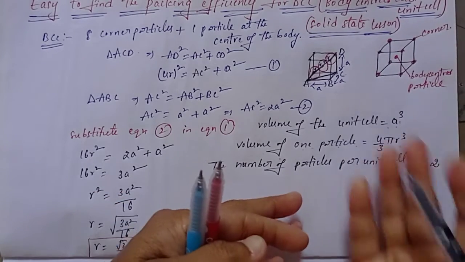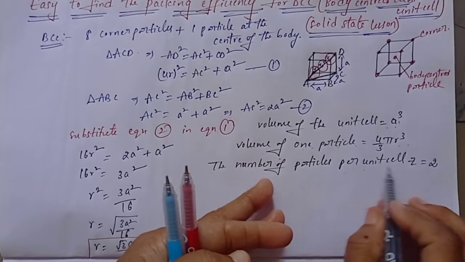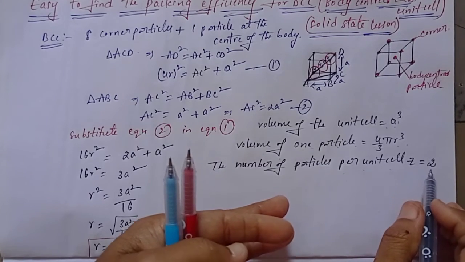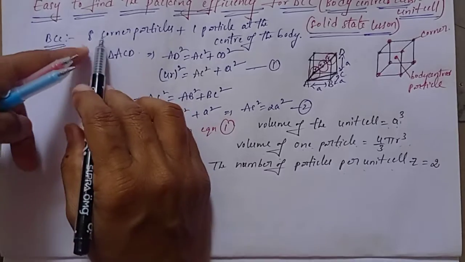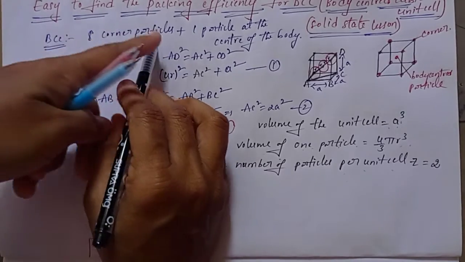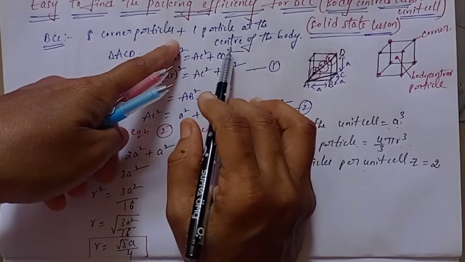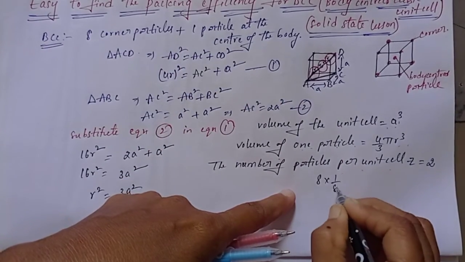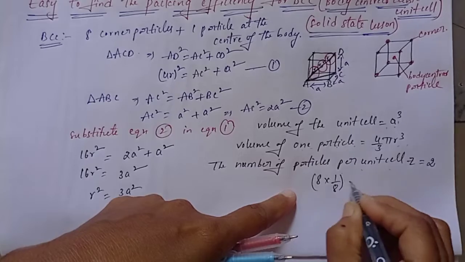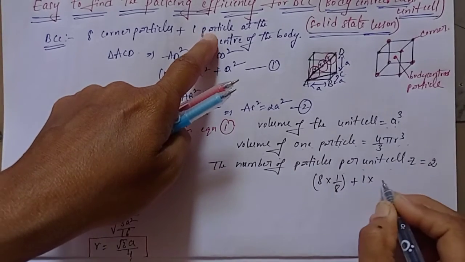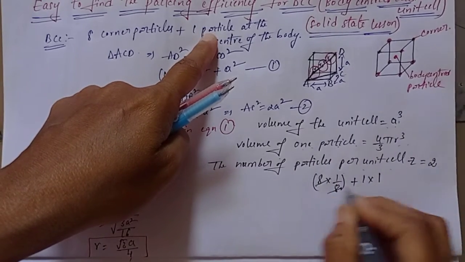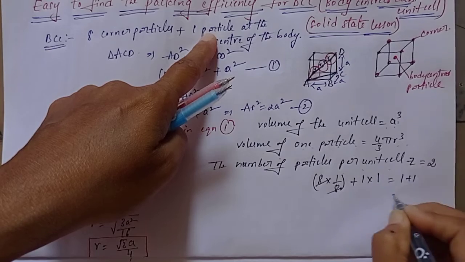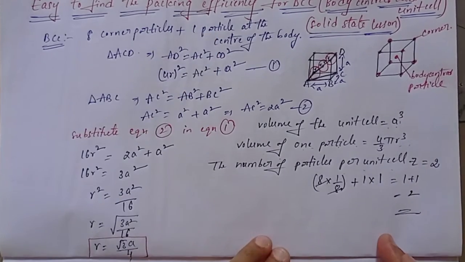Before we discussed this: Z is equal to 2. In BCC there are 8 corner particles, and 1 particle is present at the center of the body. So 8 corner particles, each with 1 by 8 contribution, plus 1 body center particle with contribution 1. The 8 will get cancelled, then you get 1 plus 1 is equal to 2. This is the Z value, students.